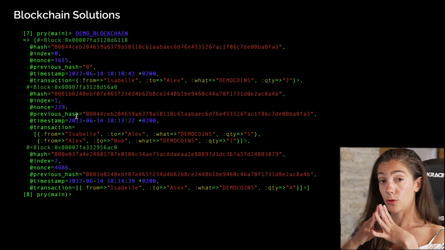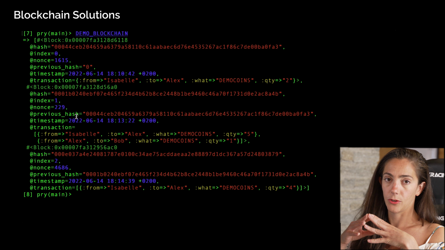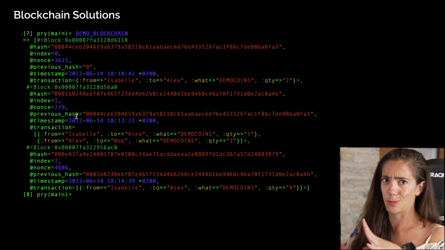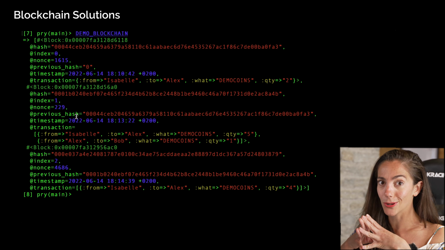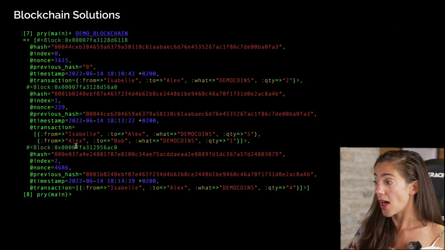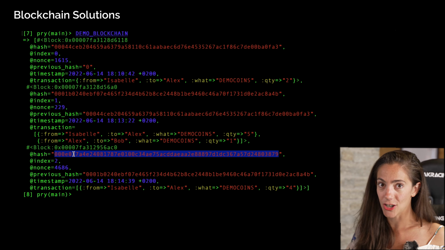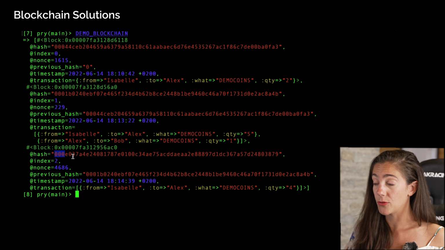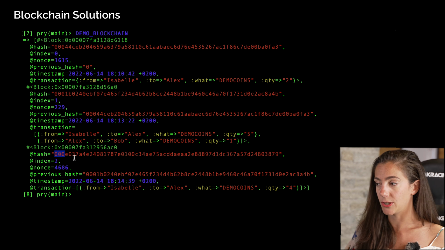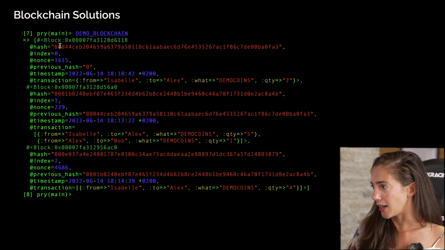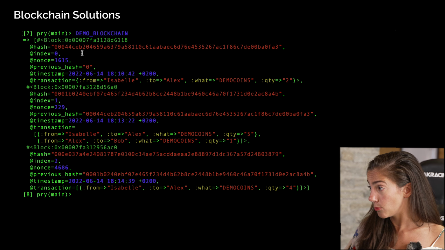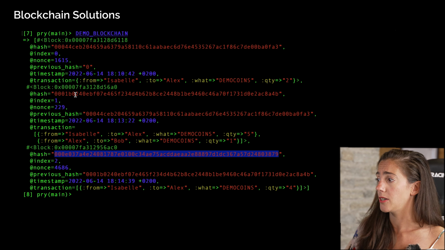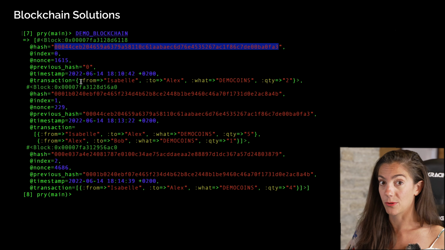Mining is the process, and in terms of proof of work, I'm going to explain mining for proof of work. It's the process of finding a hash that starts with a certain number of 0s, which is called the difficulty. Something you might have seen is that my 3 hashes that I created here all start with 3 zeros.